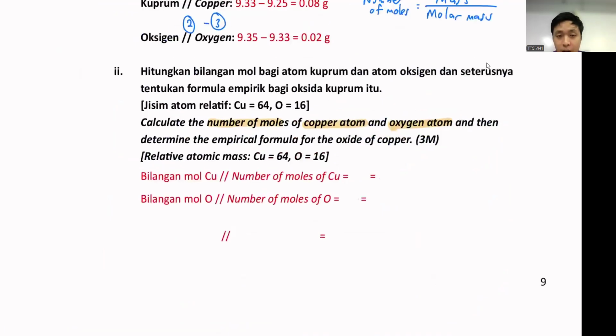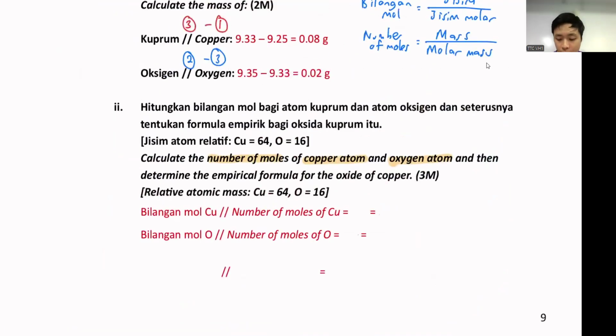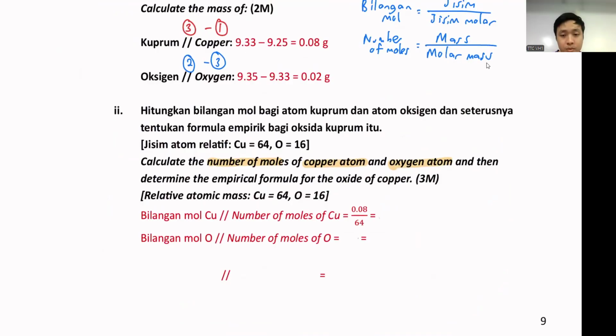For Cu, since you got 0.08 gram and the molar mass for Cu atom is 64, you just divide. You will get 0.00125 mole. Now, in your calculator, you might see this sometimes in a different form, but it's actually the same thing.